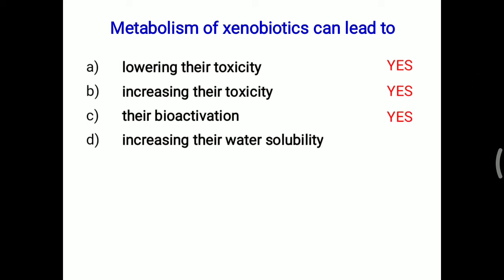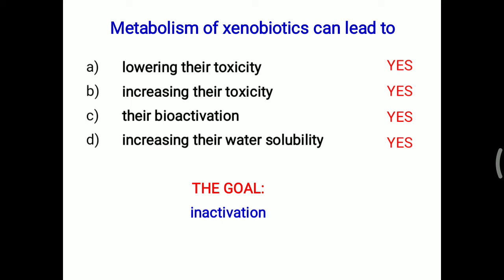It is also observed that there can be activation of the drug, and increasing their water solubility, yes, in the metabolism of xenobiotics. After that, the ultimate purpose is to make them more water soluble. The ultimate goal of xenobiotic metabolism or biotransformation is to make them inactive.